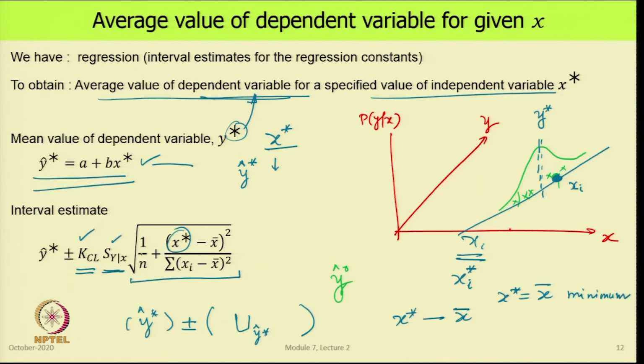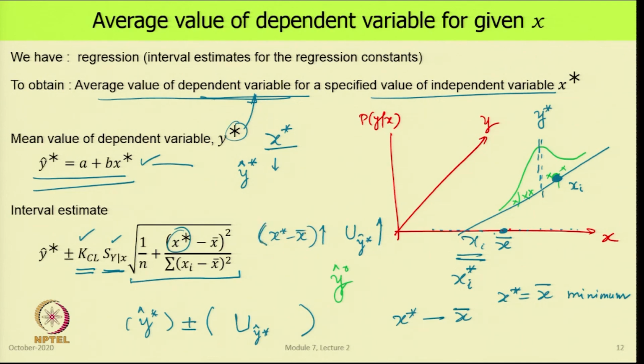And as you move away from the mean value of xi, so this was the mean value x bar, as we take values on this side or we take values on this side, as the number keeps increasing, the interval estimate keeps increasing. So, as x star minus x bar increases, so does u y star delta.